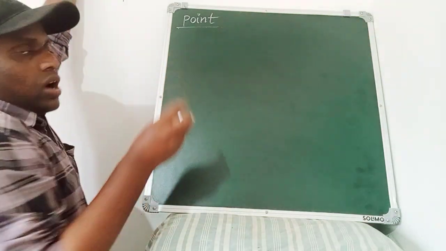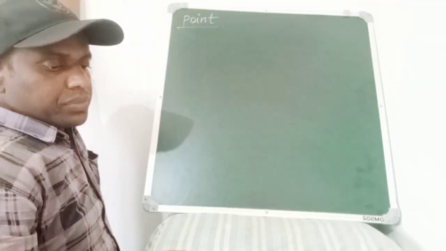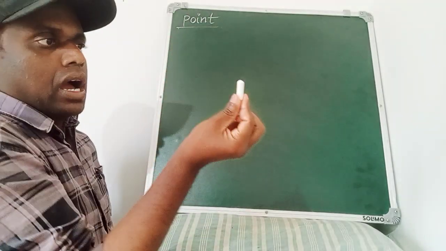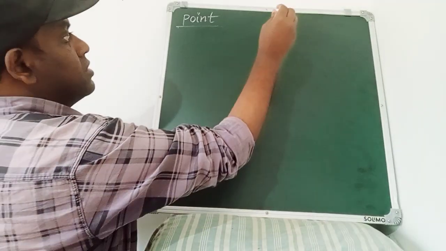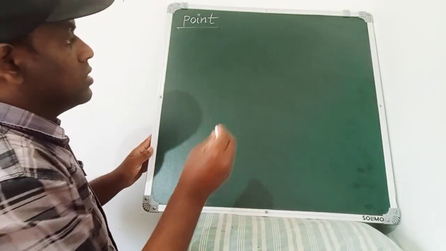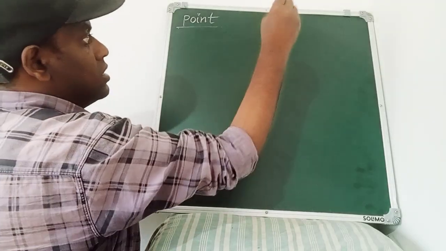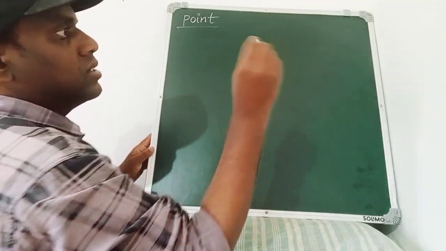Yeah, so I will teach you what is the point. So I've taken the chalk piece. See, if I put like this, yeah, if I just put like this, once again I will show. I will erase this.